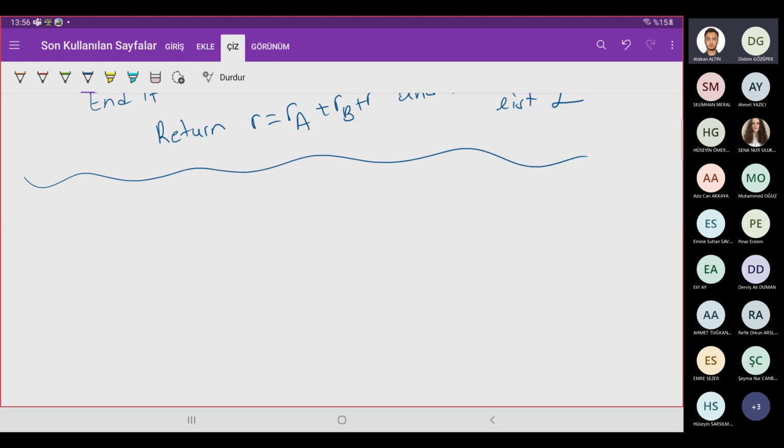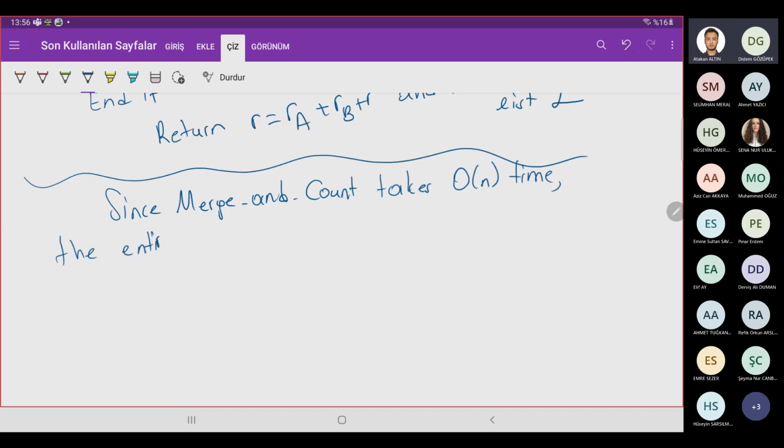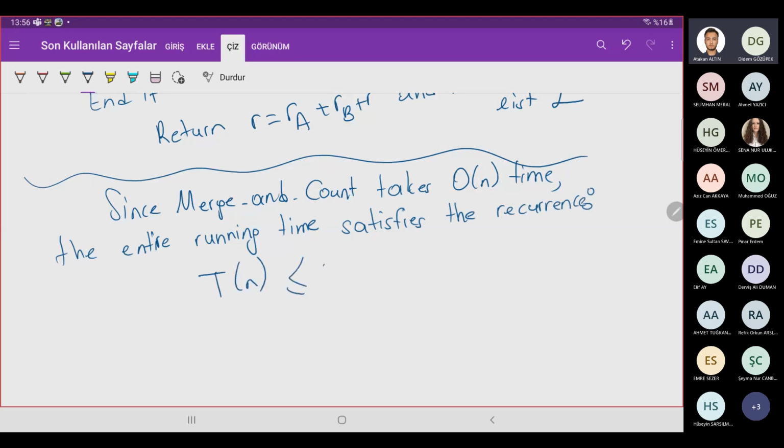So since merge and count takes linear time, the entire running time satisfies the recurrence T(n) less than or equal to, let's say, because this is the upper bound, 2T(n/2) plus Cn, where C is some constant.